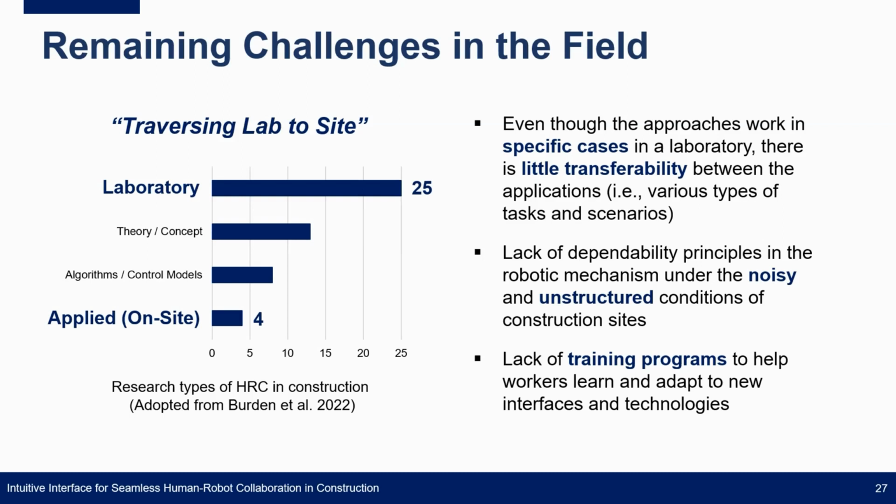Without robust operation algorithms, the robot's efficiency can vary greatly, leading to unpredictable behaviors and decreased performance. Also, there is a need for new training programs to help workers learn and adapt to these emerging human-robot interfaces.